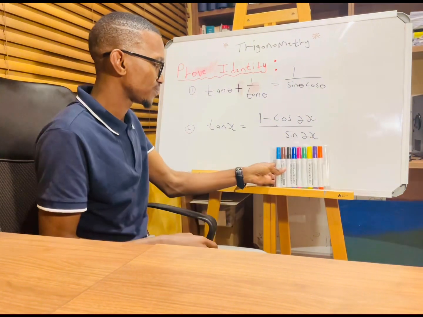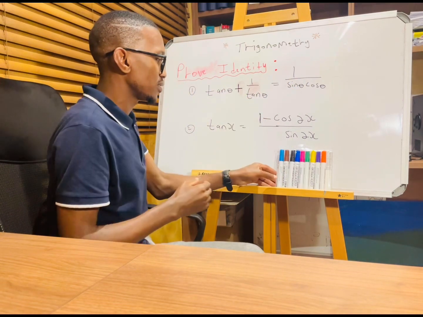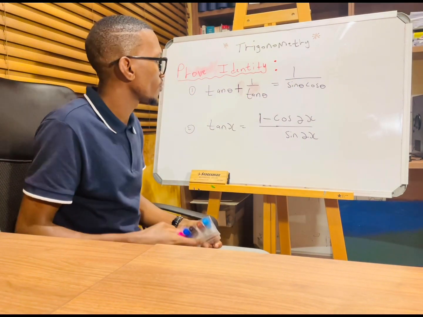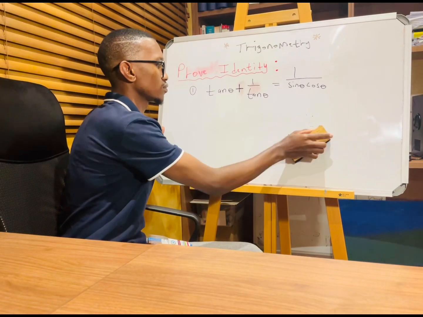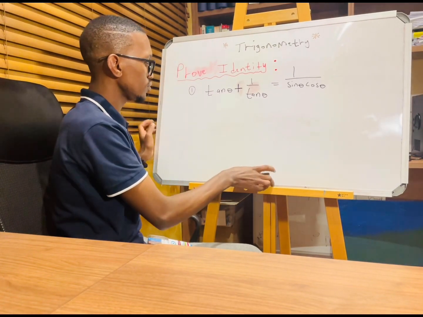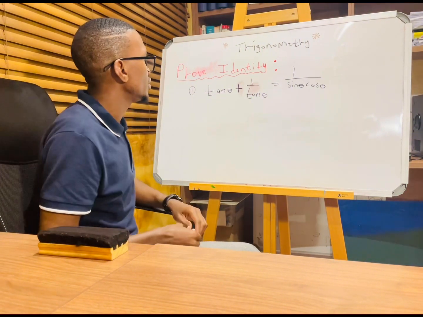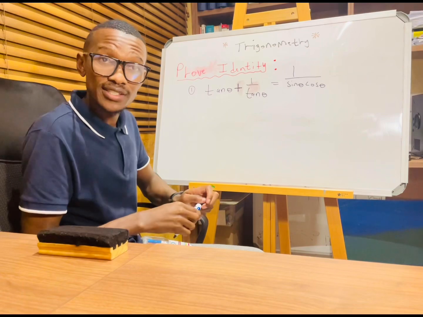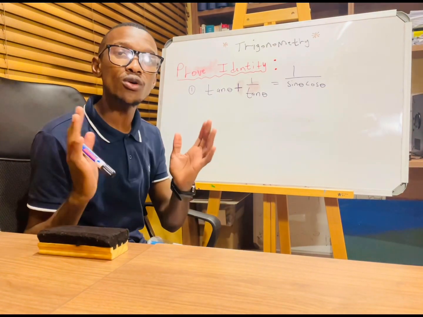Okay, good stuff. So guys, let me start with the first one. The first thing that we need to do here is to check the side that is more complicated.